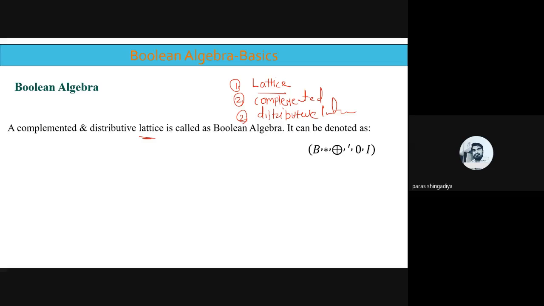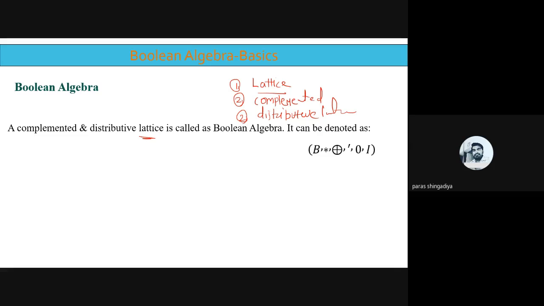Complemented lattice and distributive lattice are a part of unit number 2. So we'll use both definitions here to prove whether the data mentioned in this question is a Boolean algebra or not. We all know how we can prove a distributive lattice. There are two laws there. And then for a complemented lattice, first we'll check the 0 and I element of the given set, and then we'll identify the complement of each entry.